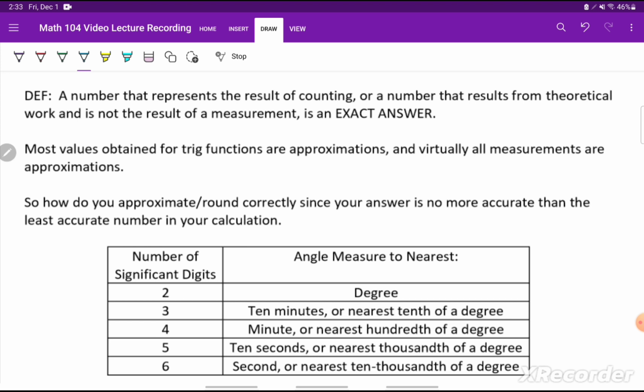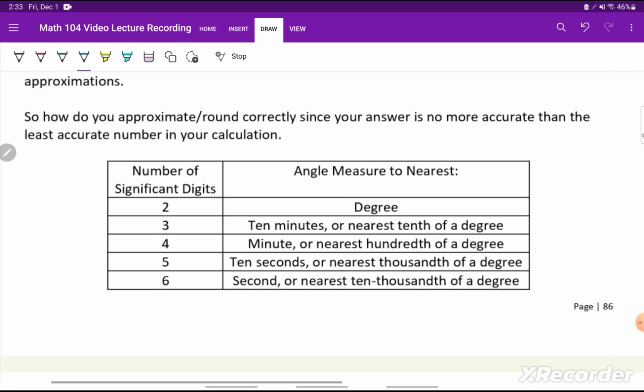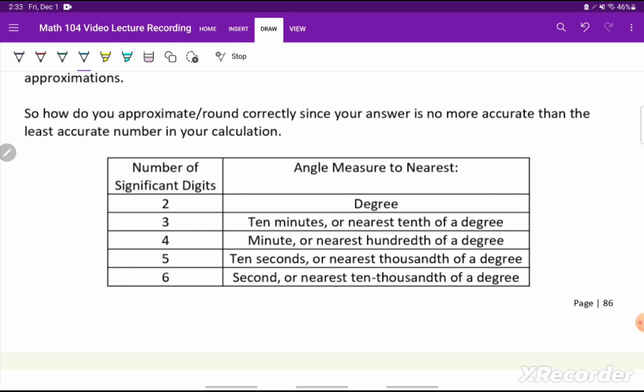They're things that we've gone out there and measured, and we only can get so close with a tape measure or even a computer. So virtually all measurements are going to be approximations. Well, that leads us to the question of how do you approximate or round correctly, since your answer is no more accurate than the least accurate number in your calculation.